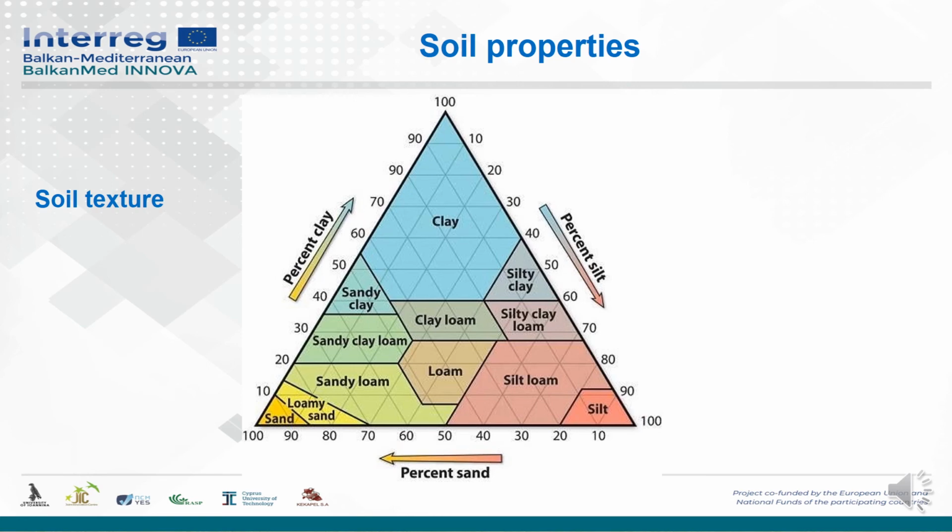And then we have 40% of silt, and they all meet together here. And in this case, we have a clay loam soil. The first one that we defined previously was a clay soil. This is not a clay soil, but it is a clay loam soil, and so on. So this is the way we define the soil texture with the help of the soil texture triangle.